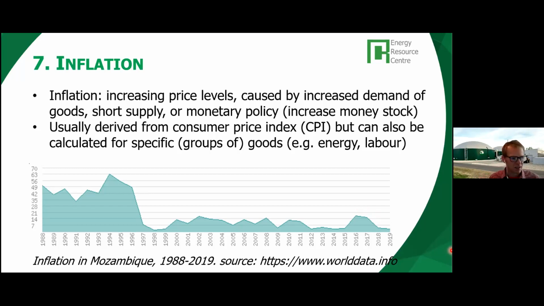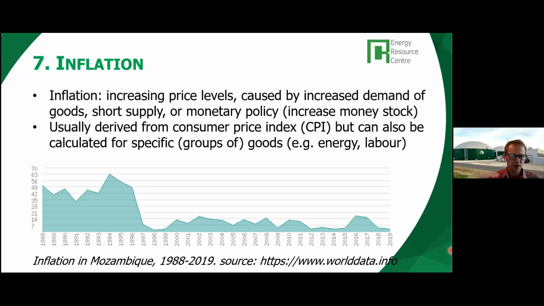Inflation, by definition, is the increase of price levels of goods and services, and it can be caused by different mechanisms. On the one hand, there could be an increased demand for goods.